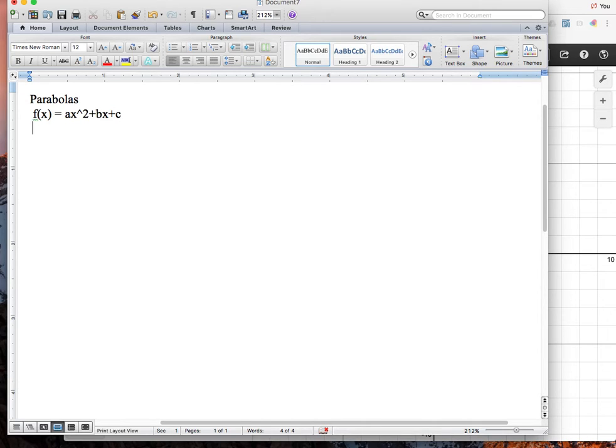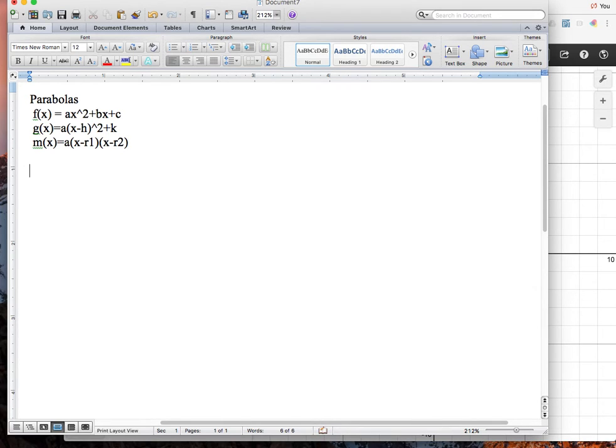The vertex form is g of x equals a times x minus h squared plus k, and the factored form is, I'm going to say m of x equals a times x minus r1 times x minus r2.